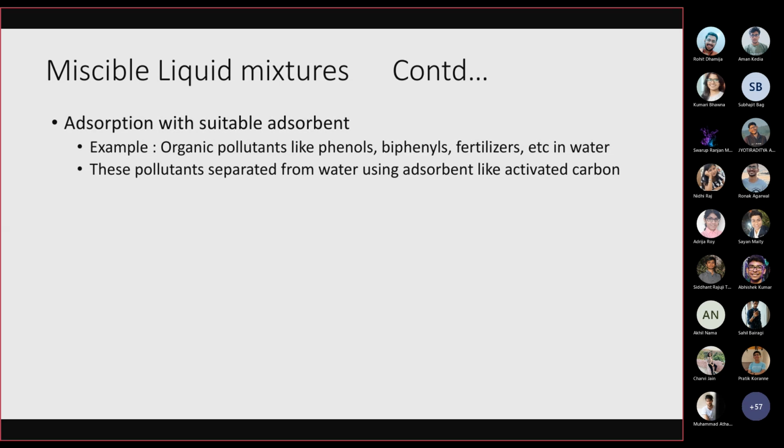If you use distillation, it is not at all economical. So rather than distillation, even though the boiling point difference is high, in certain cases we prefer adsorption because the concentration of these components in the water is very low. Similarly, if dissolved fertilizers are present in water, we can't use distillation because of their low melting point.